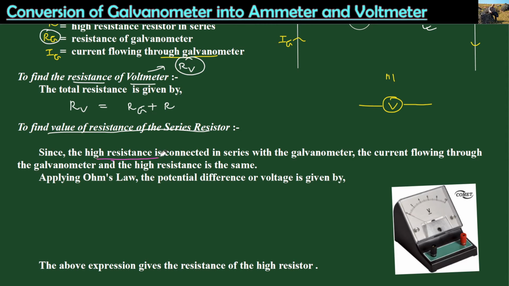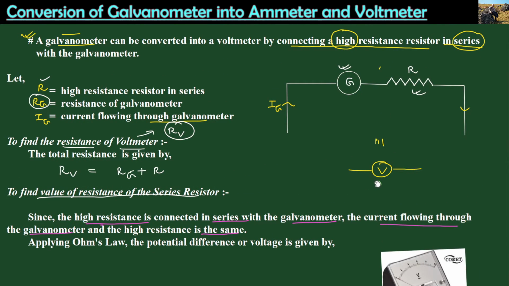So when this high resistance is connected in series with the galvanometer, the current flowing through the galvanometer is the same. Which means, this is very important, that if Ig is the current which is flowing across Rg, then this amount of current also flows through what?